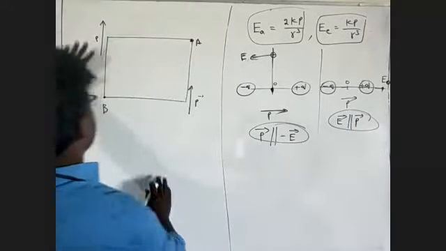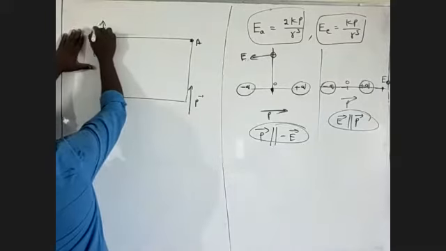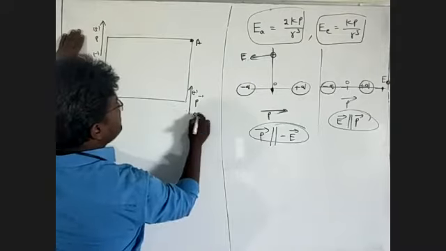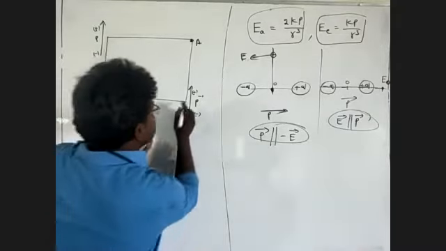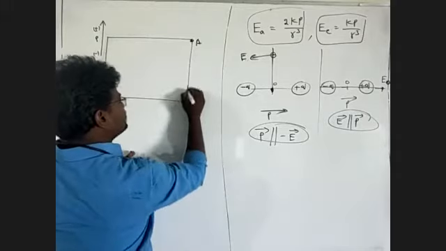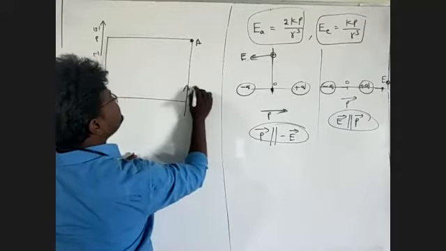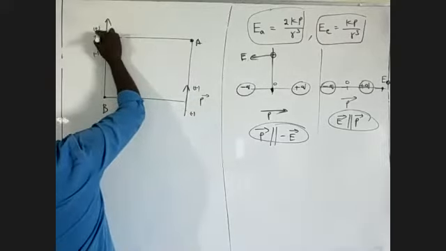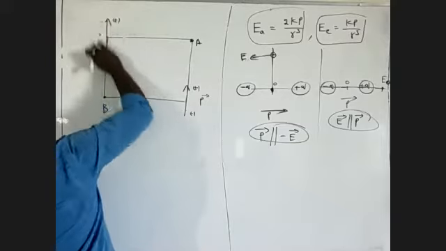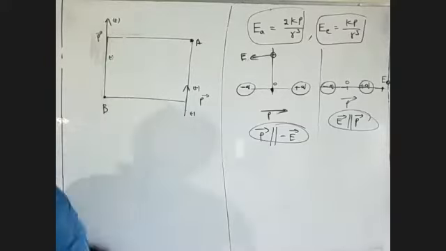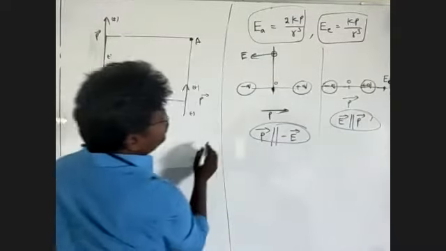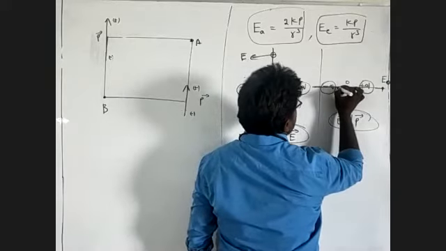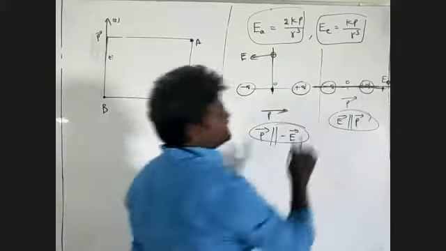Now you will see at this point. This is the negative charge and this is the positive charge. Take this as P bar. The line passes through the negative charge, the center of the dipole and the positive charge, because this is an axial line.